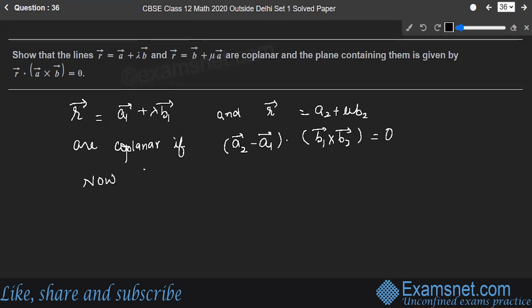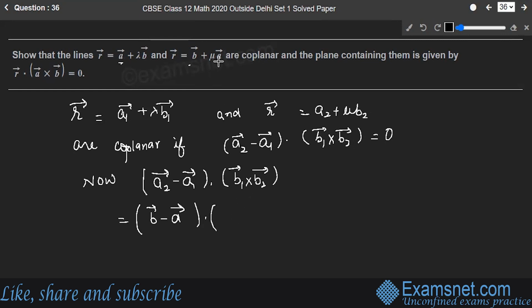Now, here A2 minus A1 dot product with B1 cross B2 will be equal to B vector minus A vector, right? B minus A dot product with B2, which is equal to A, B1 cross B2, which is equal to B cross A, right?